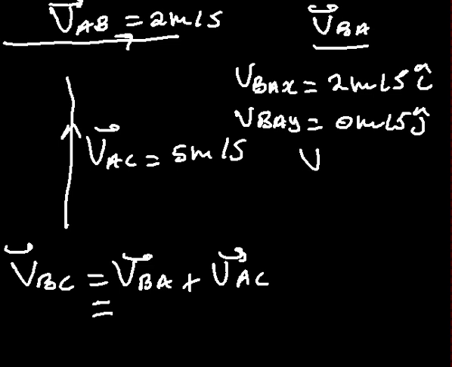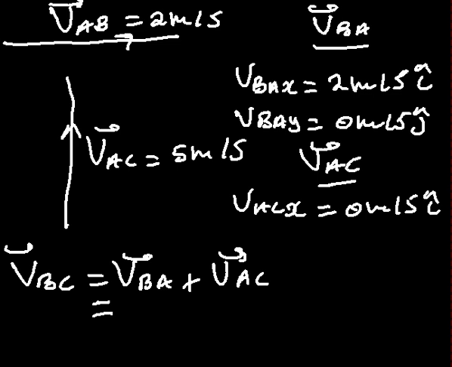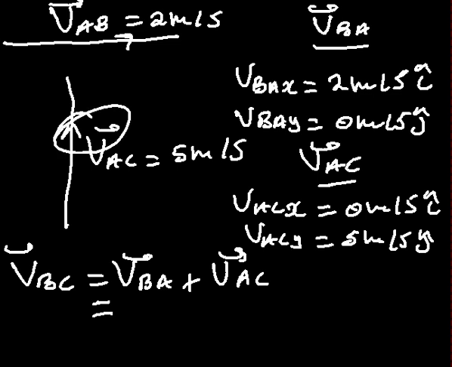And go for the other vector, Vac, and also resolve it in the same way. We'll have Vacx, that will be given as 0 meters per second, that is along i direction. And also we'll have Vacy given as 5 meters per second j, since it is acting vertically but towards the positive direction.